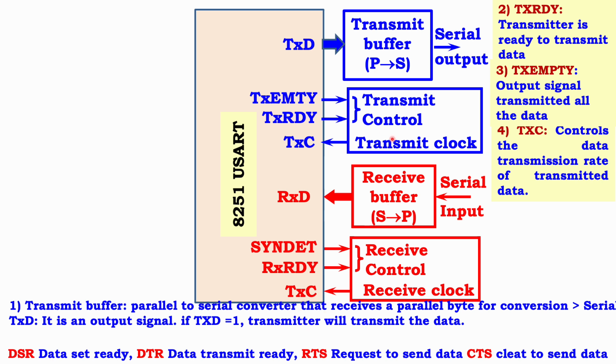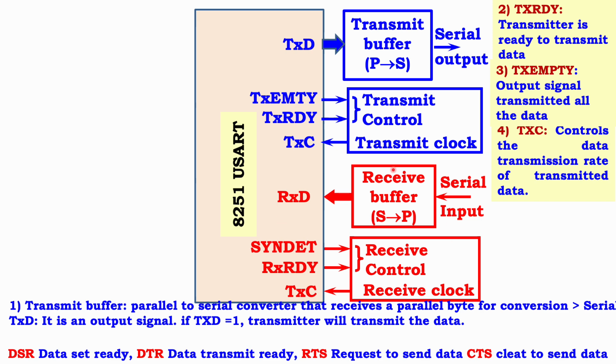Now let us understand what TxEMPTY is. When the entire data transmission is over, it says that the buffer is empty. Next is the TxC control. This controls the transmission rate, how much data is transferred per second, and it is controlled by the TxC signal.